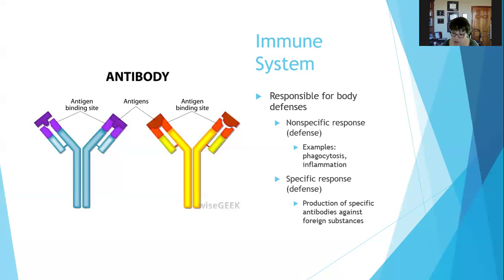All immune cells originate in the bone marrow. So when someone has a bone marrow transplant, they have to develop an all new immune system, brand new. When you're a brand new baby, you just were born, you have to develop your immune system. And so our immune cells originate in the bone marrow, and then some of them mature in the bone marrow and some mature in the thymus.